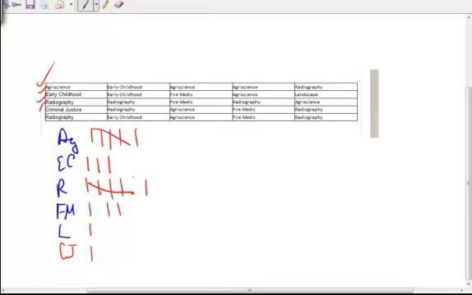And finally, the last row, fill those in. When you get all of the choices filled in, it's time to add them up. So you've got 7, 4, 8, 4, 1, and 1, and that adds up to 25. So you've got them all done.